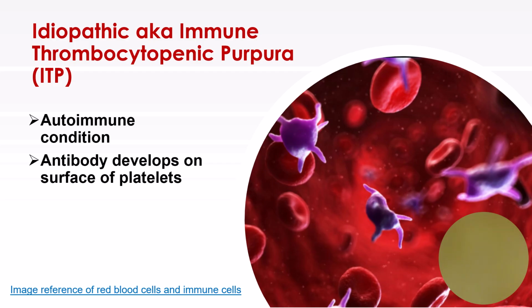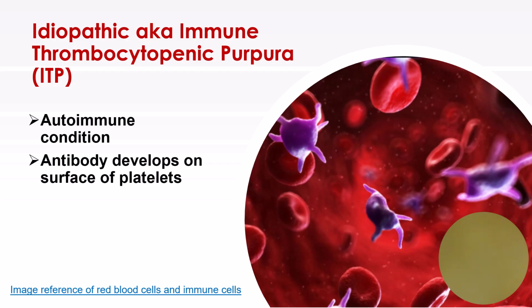But when we have an autoimmune issue, the client's immune system is not recognizing the self as belonging to the self. It's recognizing it as something foreign, so it now begins to attack itself and destroy itself. So in this issue, the platelets.